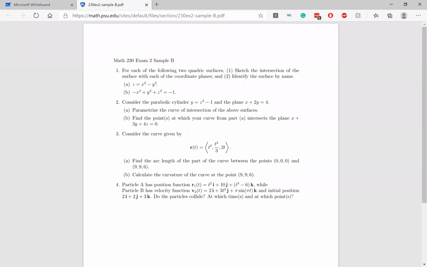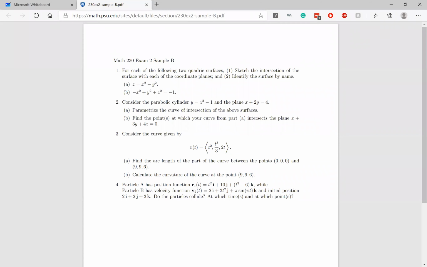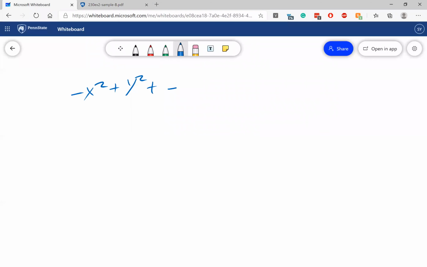So for part B, we have negative x squared plus y squared plus z squared is equal to negative 1.